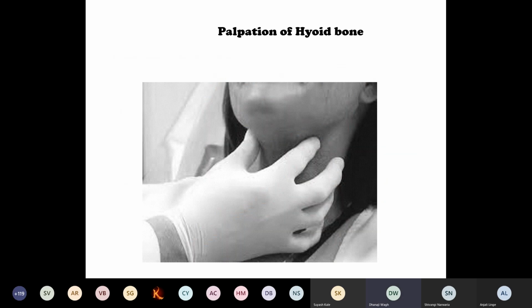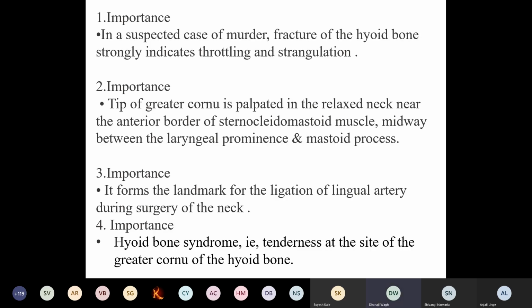Now for palpation of the hyoid bone, you can palpate the tip of the greater cornu with the fingers at the rest position, in a relaxed neck near the anterior border of the sternocleidomastoid muscle, midway between the laryngeal prominence and the mastoid process.